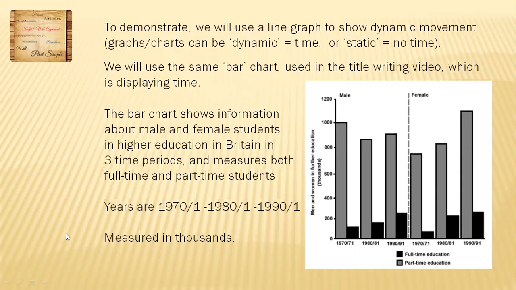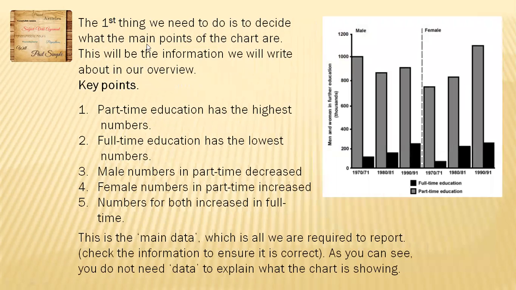So we have all our information. Remember, we're not paraphrasing the title, but we still have to look at it to know what it is. Okay, the first thing we need to do is to decide what the main points of the chart are.